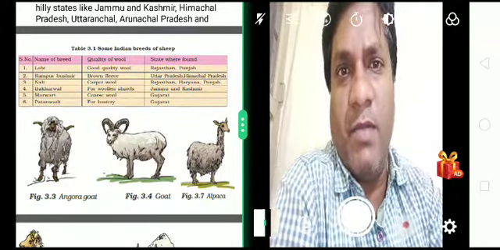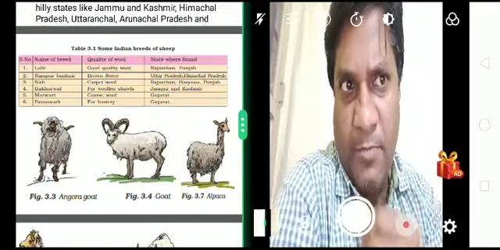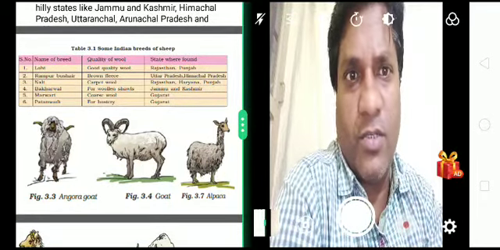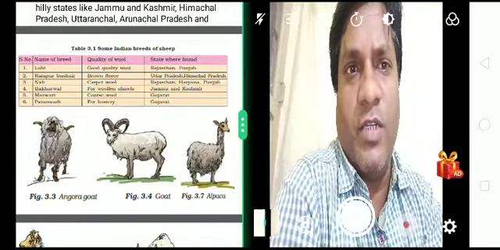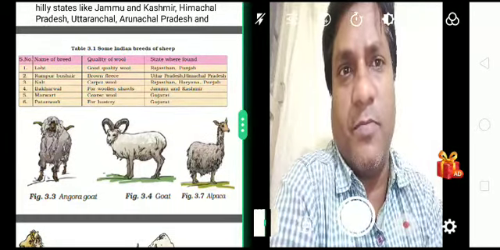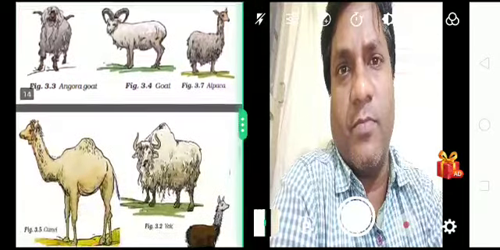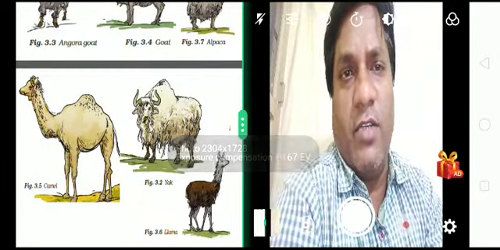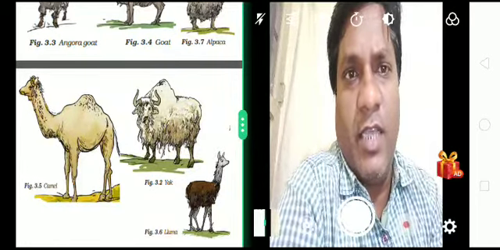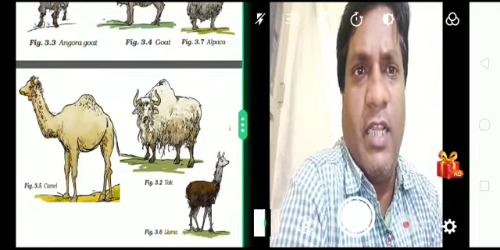Now in the diagram given below you can see the Angora goat, then the ordinary goat and the alpaca. In this diagram you can see the camel, the yak and the llama.